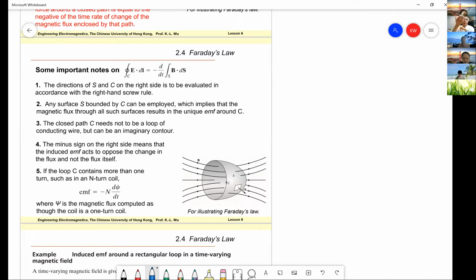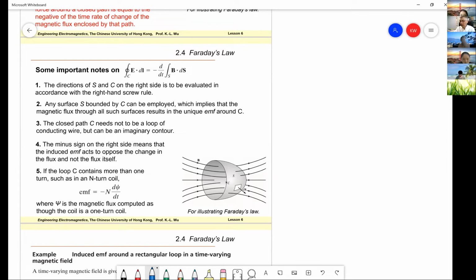That means the contour goes along your four fingers, and your thumb points out, which gives the normal direction of the surface. This is how we define the direction of contour C and the direction of surface S.